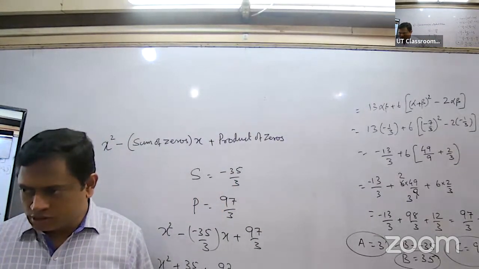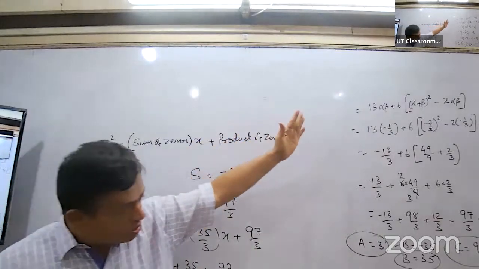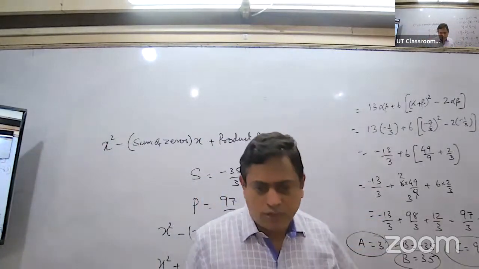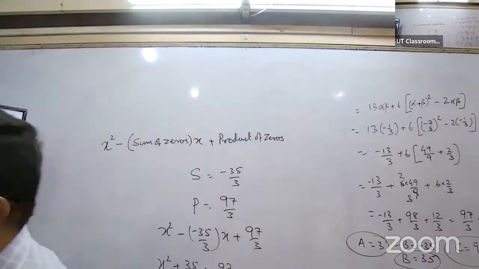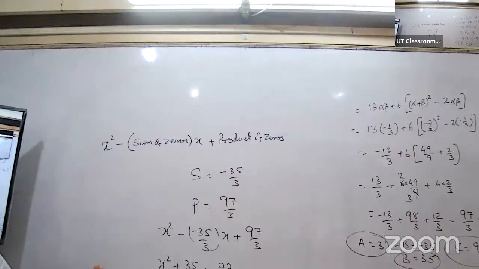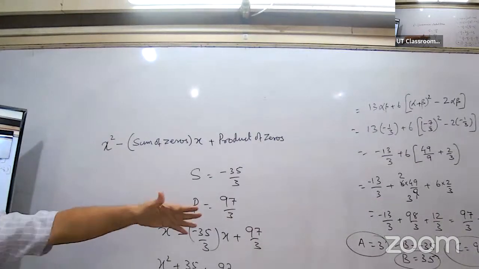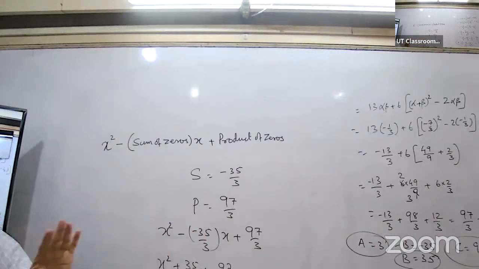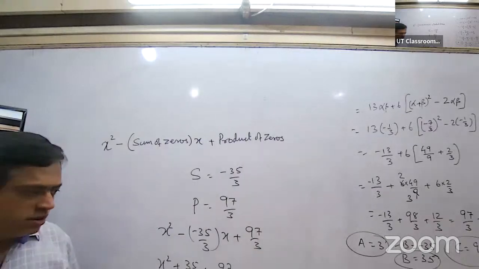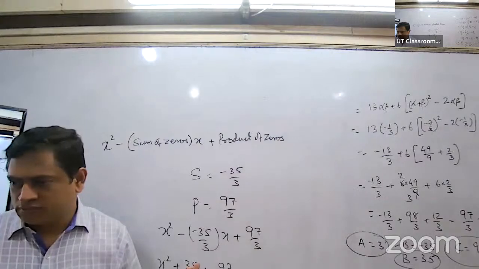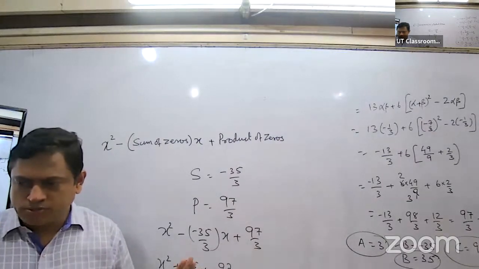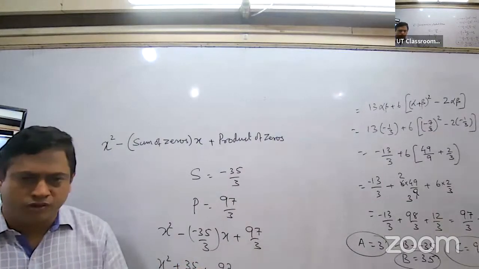If you are comfortable with minus b by a and c by a, write it that way. I gave this additional method because sometimes in MCQs they apply this one, so there is no confusion.